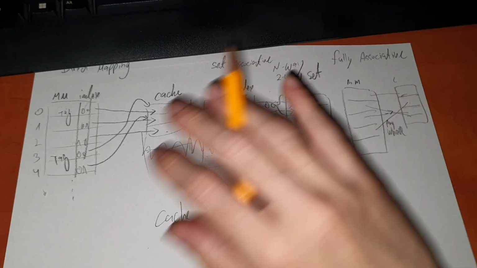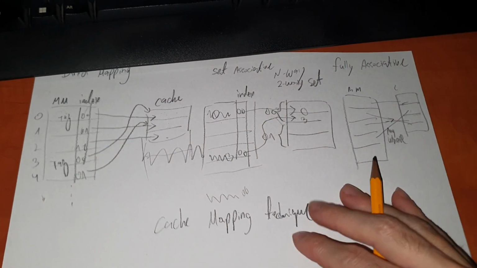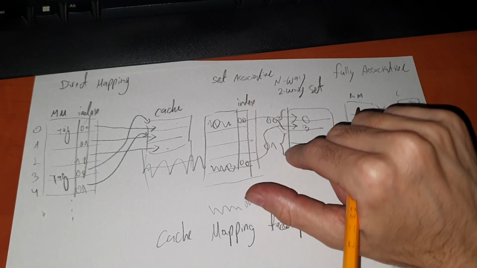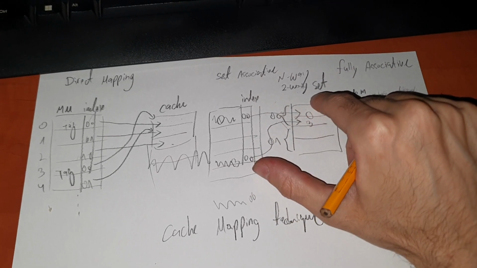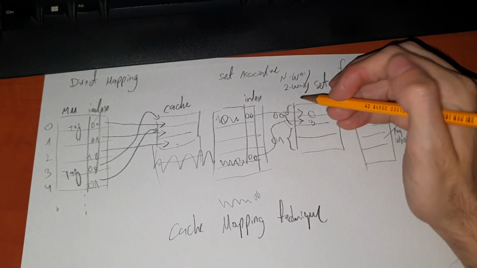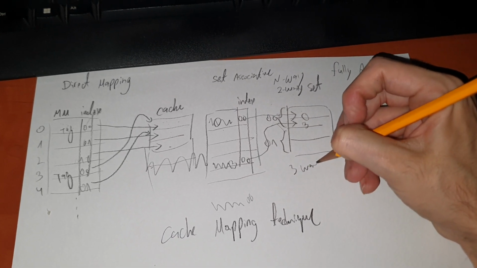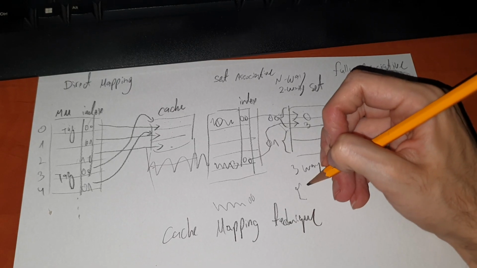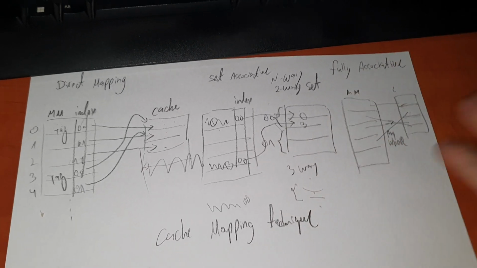But it's a compromise between direct mapping and fully associative. So this is set associative, and this example shows the n-way set associative. I could also do 3-way, and then each set will have 3 lines instead of 2.